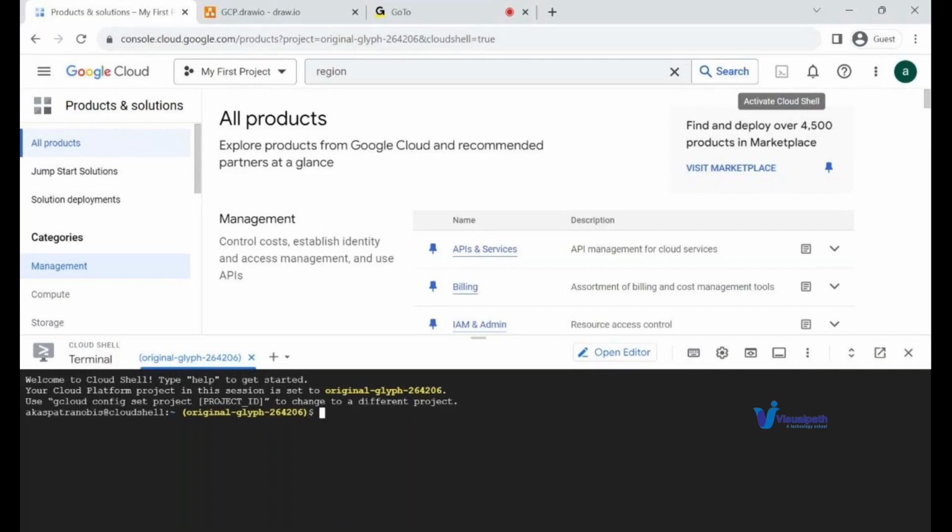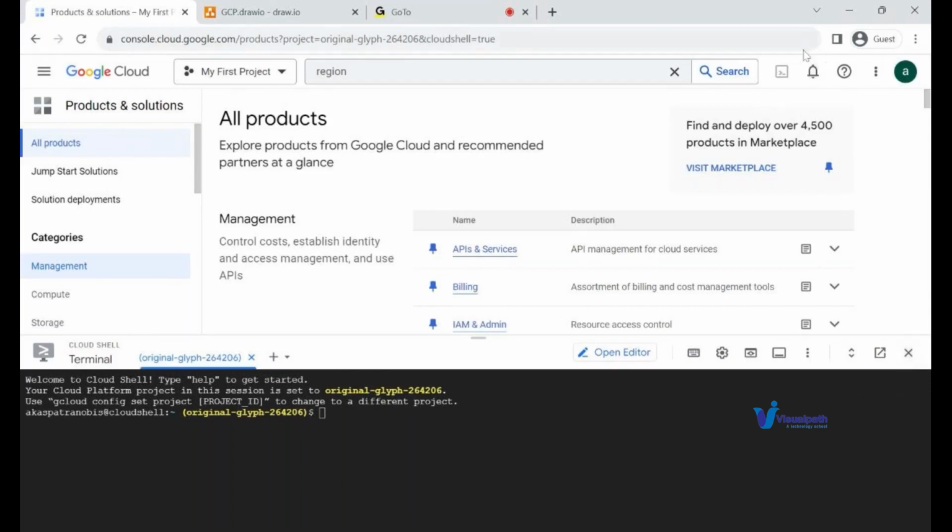This is a Linux-like box, and you can use it for your own purposes. If you are trying to host an application or run a database server, you can do anything with that. And for this, you don't need to set up anything. You just need to click on this shell, and GCP provides you a cloud console to work with. A few things we will also work on when we use the CLI.